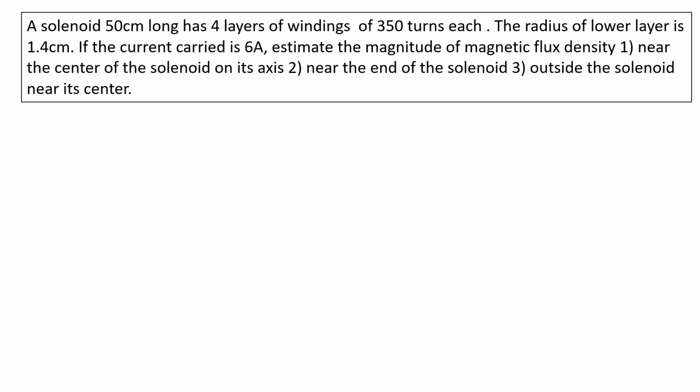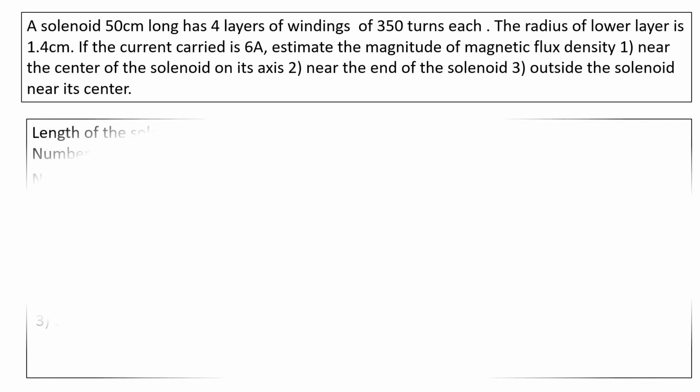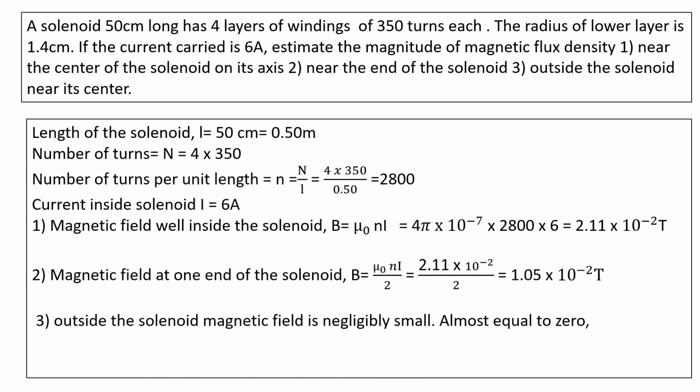So let us collect data from the problem. Here the solenoid is 50 centimeter long, so length of the solenoid L is equal to 50 centimeter or 0.5 meter. Number of turns capital N is equal to 4 into 350.